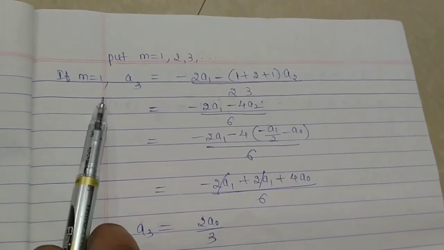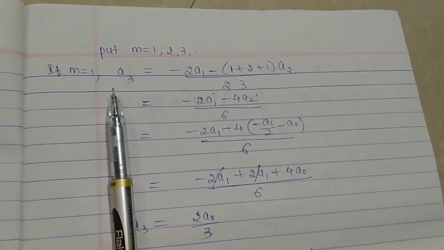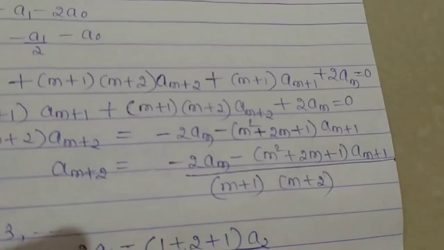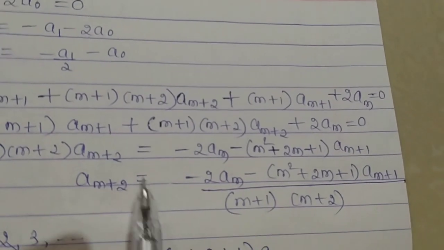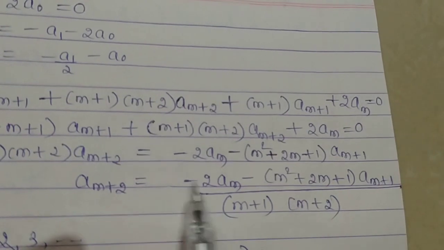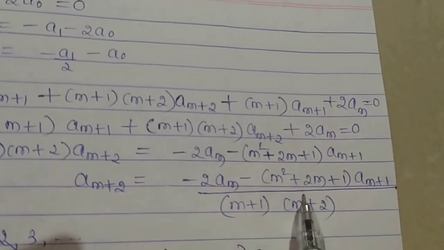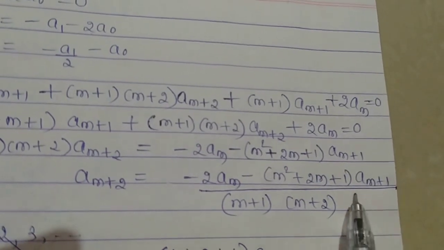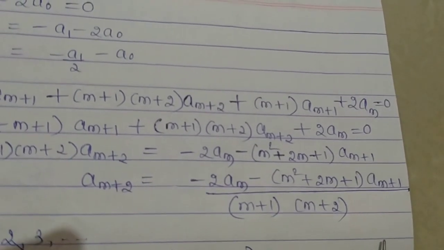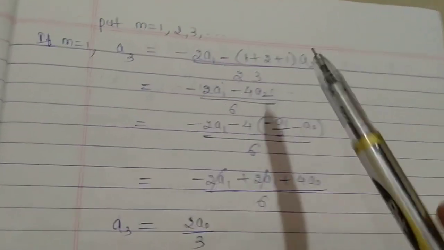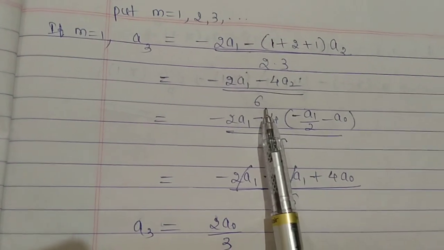If m = 1, my a3 will become, whenever m = 1, a3 = [-2a1 - (1 + 2 + 1)a2] divided by (1+1)(1+2). So that becomes (-2a1 - 4a2)/6.